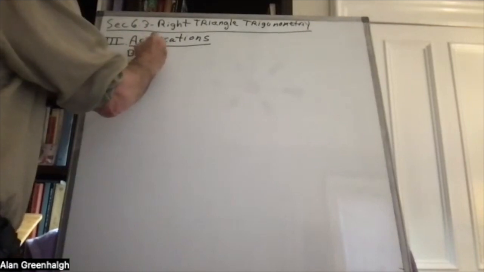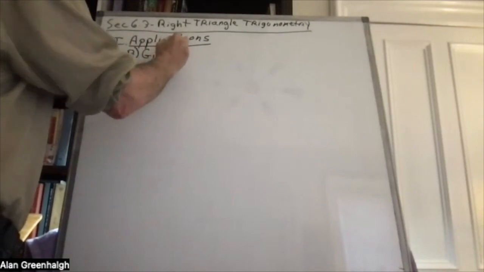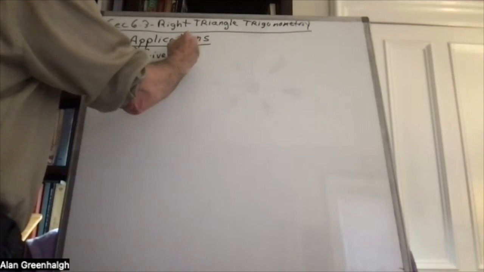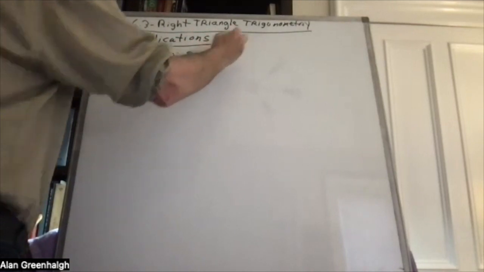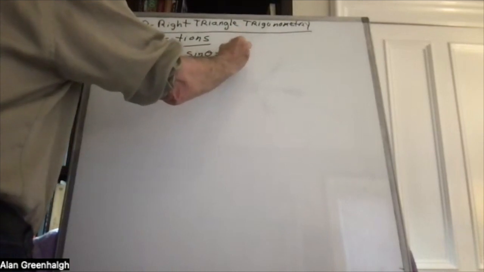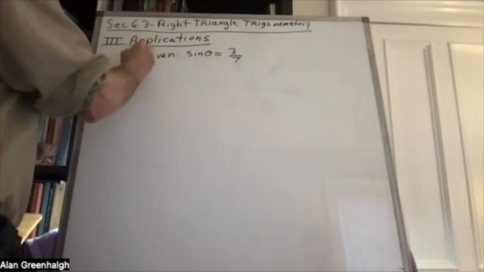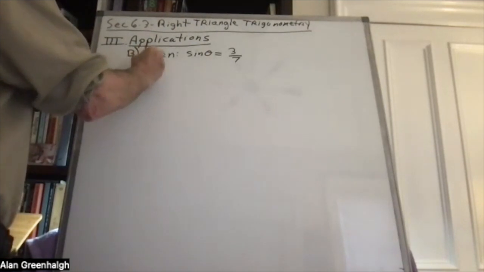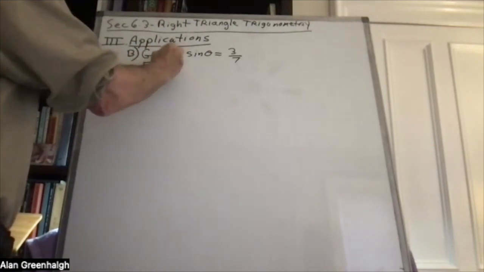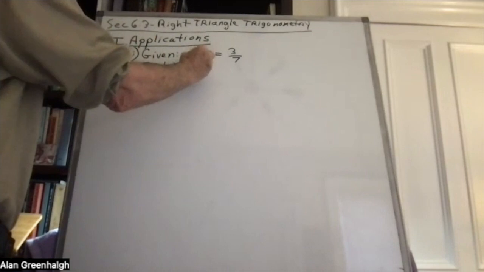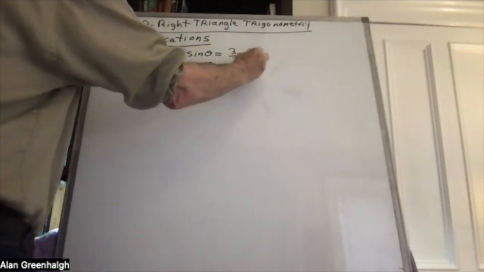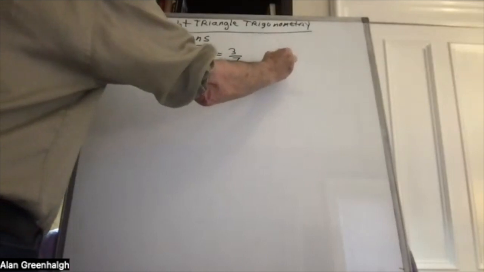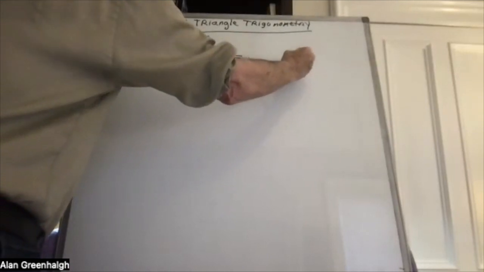Given the sine of theta is 3/7. And the question is, find the other 5 trigonometric functions.